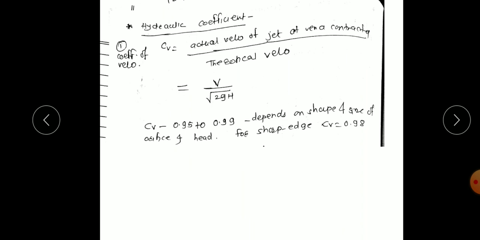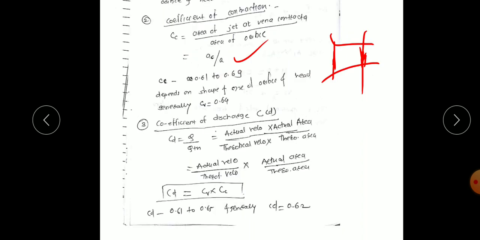So three hydraulic coefficients are there: coefficient of velocity, actual velocity upon theoretical velocity. Second, coefficient of contraction, the smaller area at a vena contracta upon area of orifice. And third is coefficient of discharge, actual discharge upon theoretical discharge.